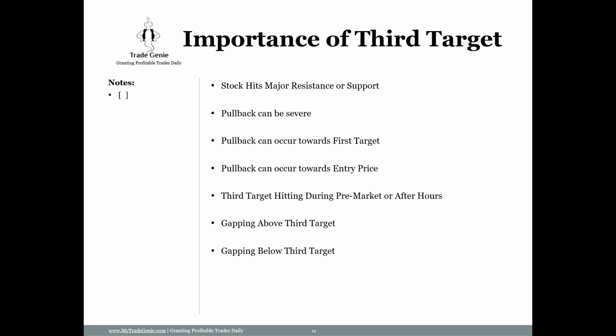It's gapping above. So think of a resistance as a river. You are on this side of the river, and somebody is chasing you. When you reach the river, a magic carpet appears, you sit on it, and you cross to the other side. Suddenly you're on the other side of the river, and you are safe.